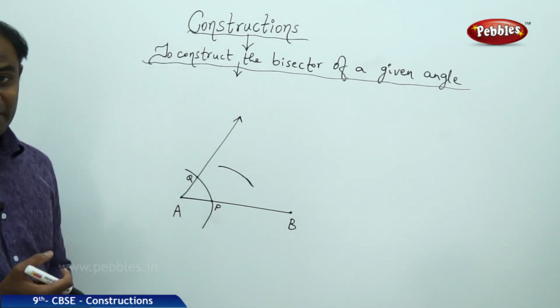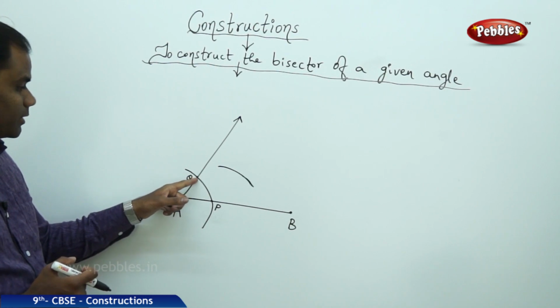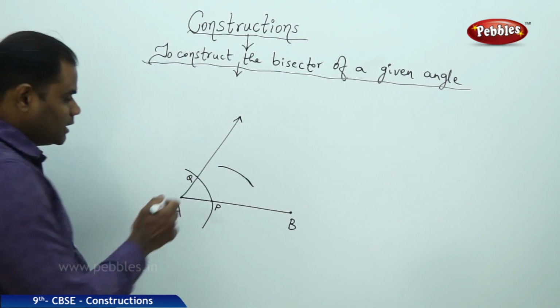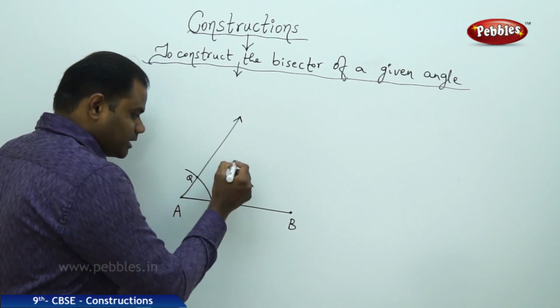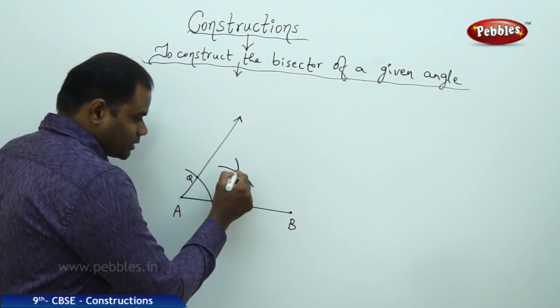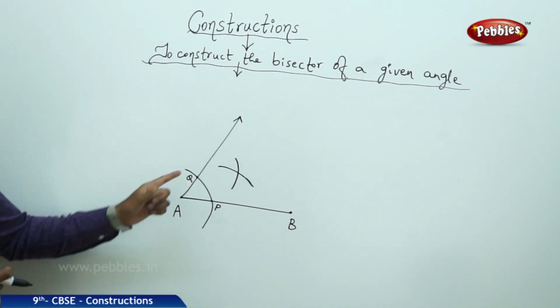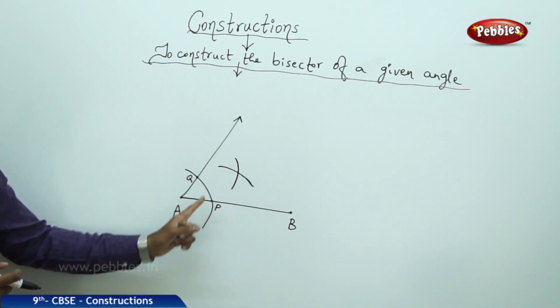So keeping that in mind, let's take the pointer at Q with the same radius as taken at P and cut another arc, so it cuts in this manner. So this is how the arc cuts from Q, and this is how the arc cuts from P.